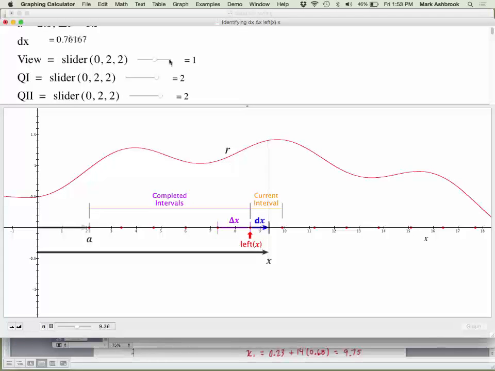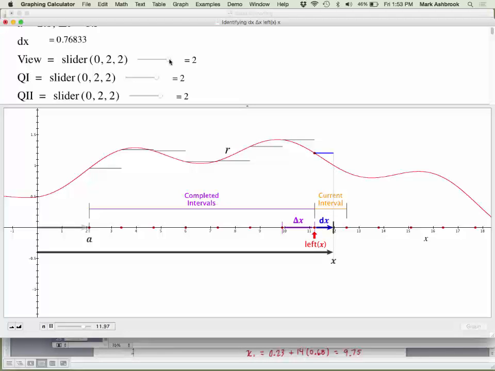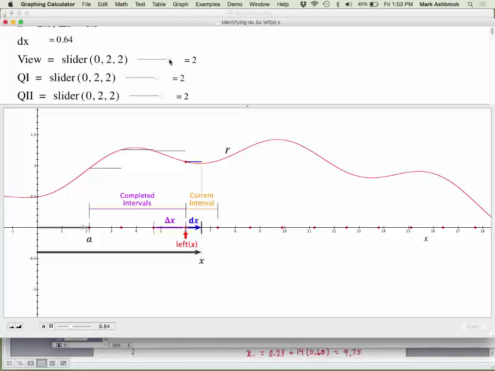It's about getting constant rates from the rate function so that we can build amounts. So it's all about getting these constant rates from the rate function from which we're going to build the accumulation function. See that? So all this stuff about the intervals, current interval, completed intervals, now I'm showing you what that's about. It's about getting a constant rate for each interval. And then with those constant rates, we'll build accumulation.